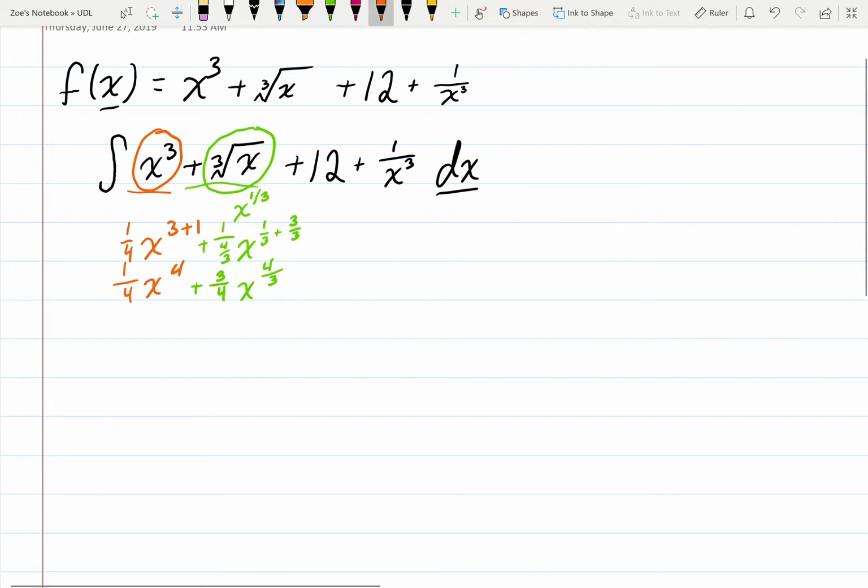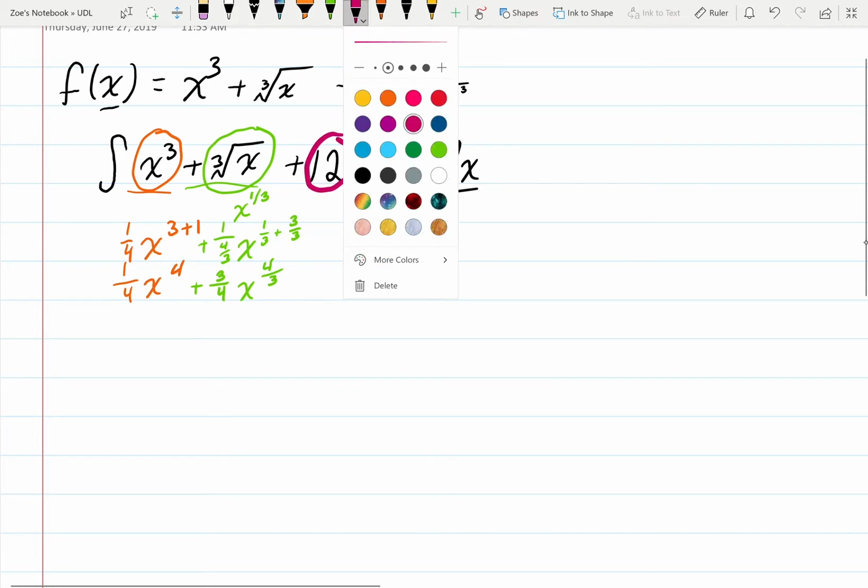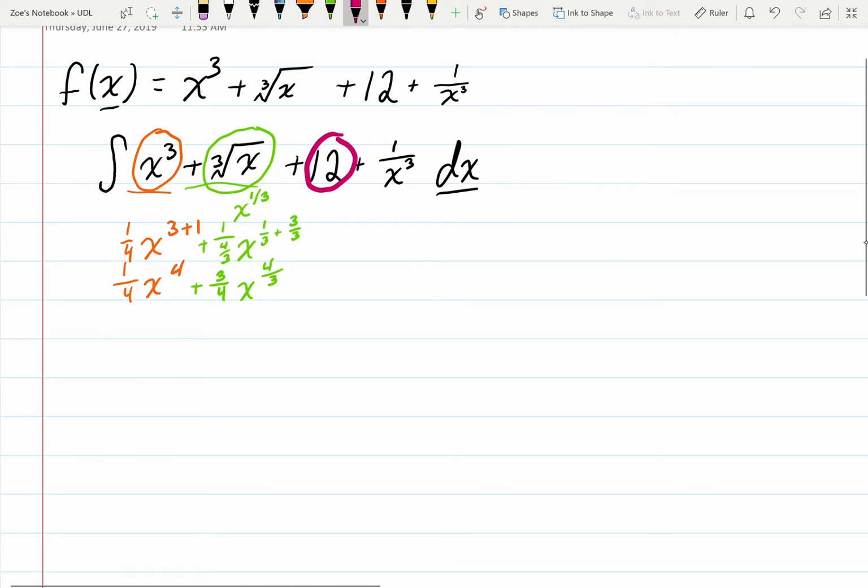Make sure we add our plus signs there. So now we're going to move on to the next term, which is this plus 12. It's important to remember that we have this x to the 0 power here, because x to the 0 is 1. So if we were to add to our power, we would have x to the 0 plus 1, and then we'd still have this 12 here.